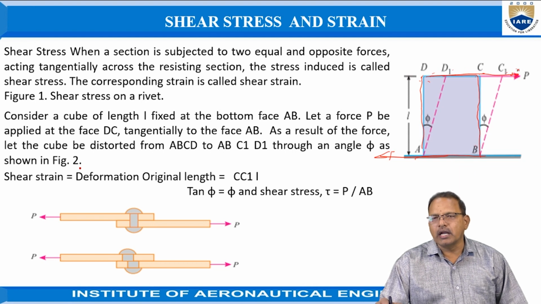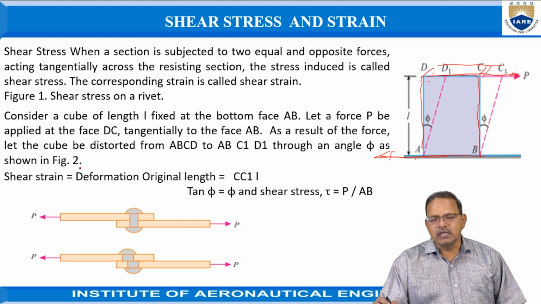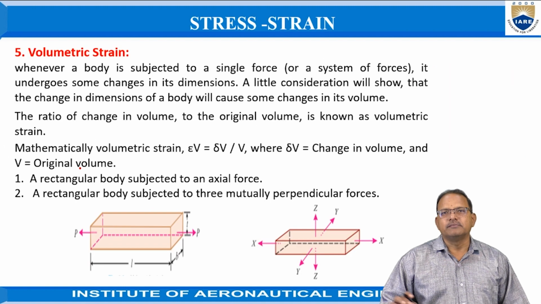P is the force that is acting over the surface tangentially. If A is the area of the cross section on which it is acting, the force divided by the area is called the stress, because it is distorting the object. Moreover, it is acting tangential to the surface. Hence the stress produced here is called shear stress.